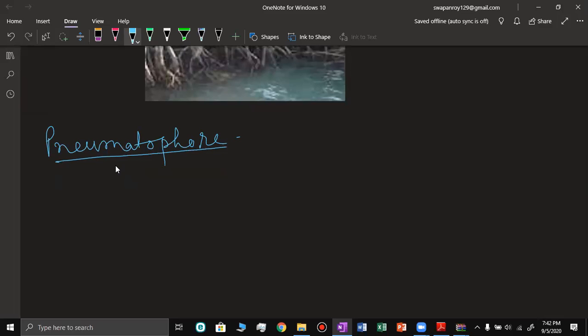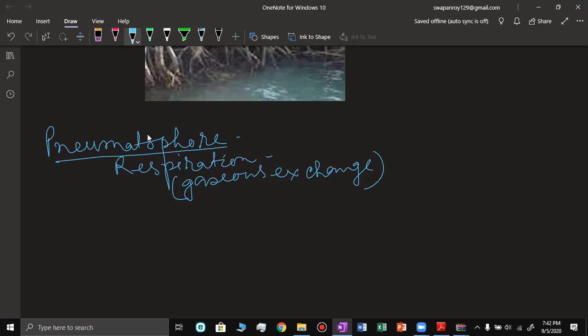This is for respiration, and respiration here means gaseous exchange. These pneumatophores are also found in mangrove plants.